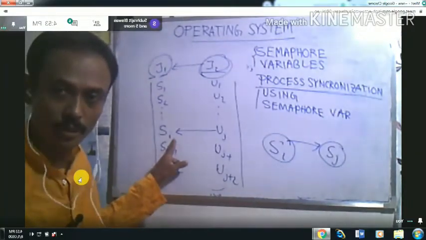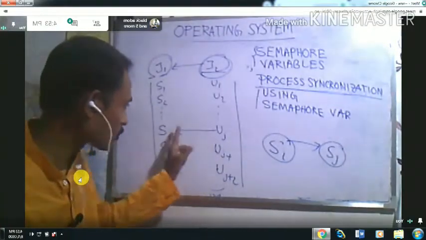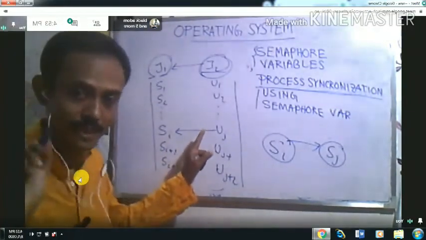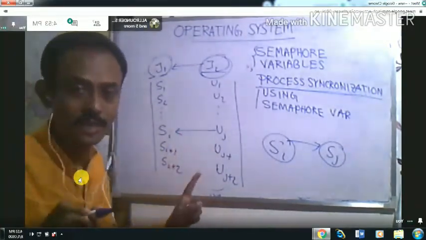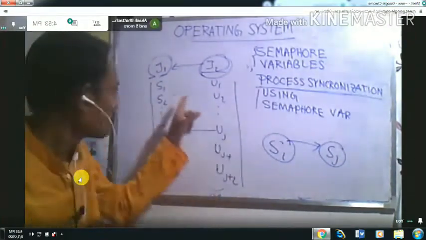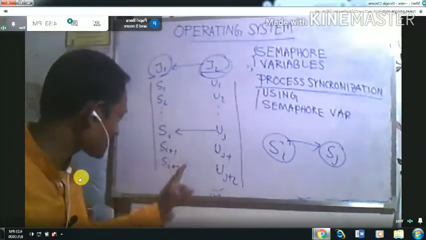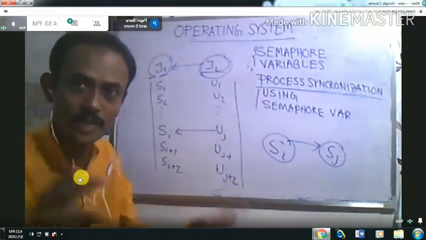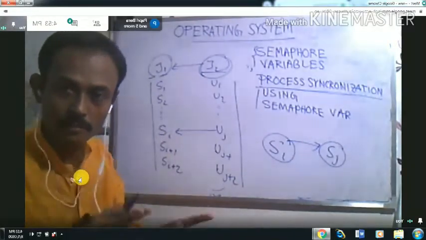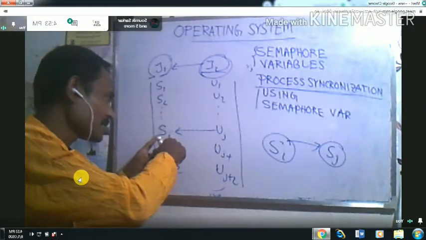So among these different statements, there is synchronization in a particular statement, not in every statement. That means SI and UJ can't execute concurrently, but S2 and U2 can execute concurrently, and all the statements after this can execute concurrently, because there is no dependency. Only this particular statement depends on this particular statement of the other process.